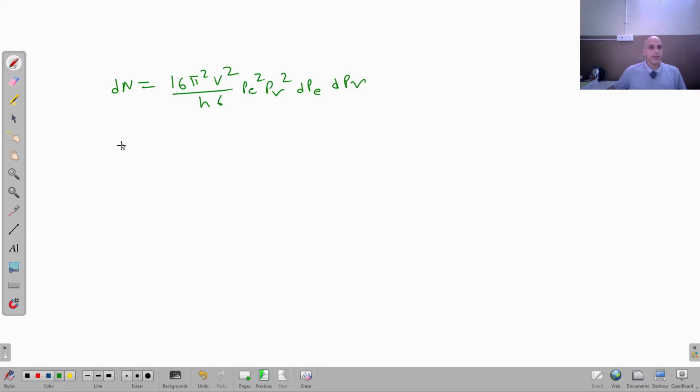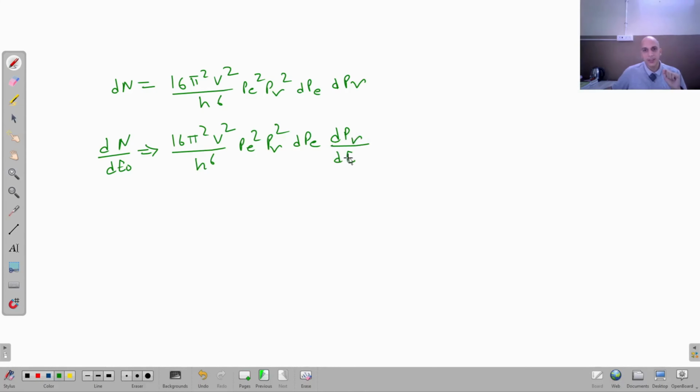So if I divide this expression by dE naught, then it is going to give me the number of energy states per unit energy interval. So dn upon dE naught will give me 16 pi square V square divided by h power 6, pe square p neutrino square dpe dp neutrino divided by dE naught.